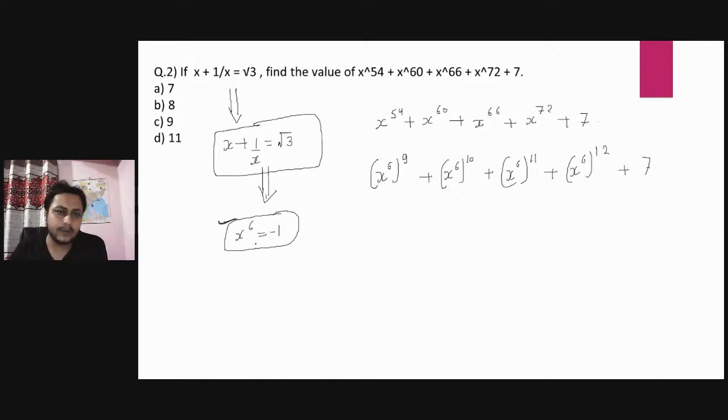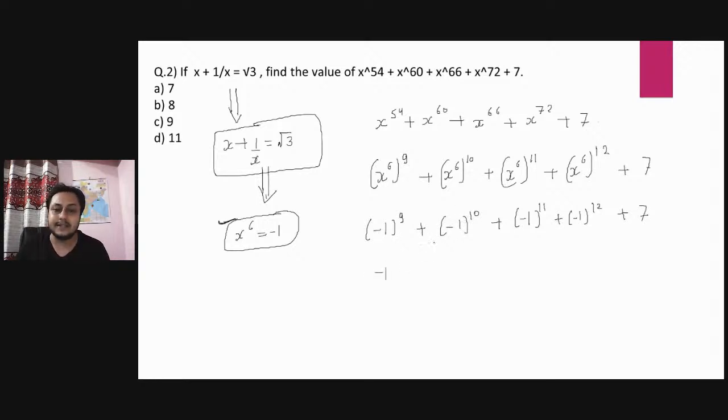Put the value of x power 6 equals minus 1 in this equation. What you will get is minus 1 power 9 plus minus 1 power 10 plus minus 1 power 11 plus minus 1 power 12 plus 7, right? And guys, minus 1 to an odd power: this 9 is an odd number, so you will get minus 1.